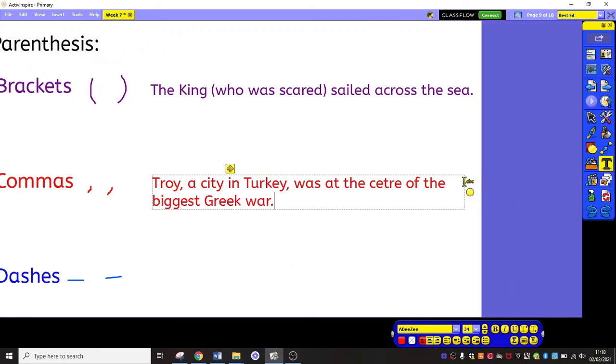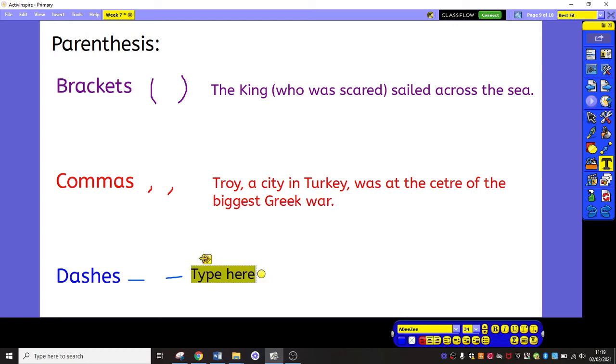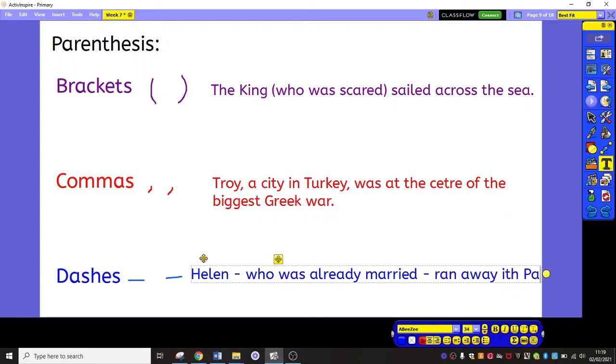And you can see that is important information because I'm telling my reader where Troy is. And then dashes. Dashes is information that is probably more important that you really want to emphasise. Helen, who was already married, ran away with Paris. I'll just put my W in there.